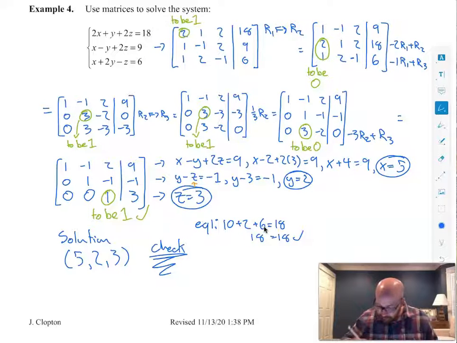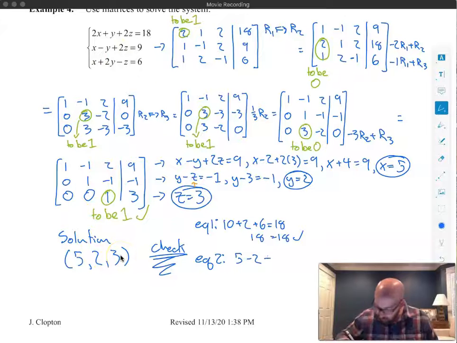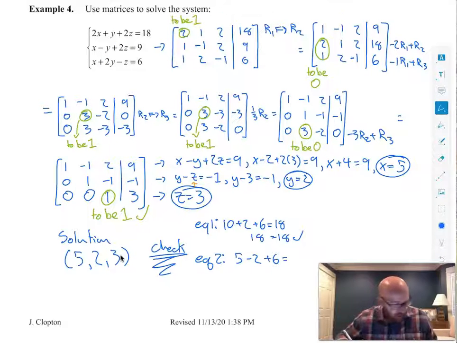Check. Then we'll go and check it with equation 2. So we have 5 minus 2, and then 2 times 3 is going to be 6. Does that equal 9? Well, 5 minus 2 is 3, and 3 plus 6 is equal to 9. Check.